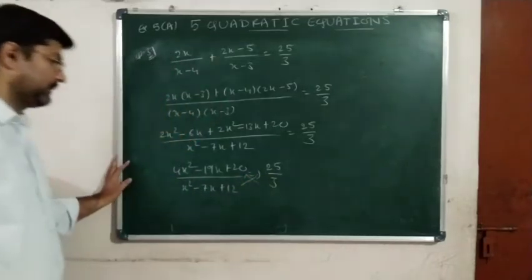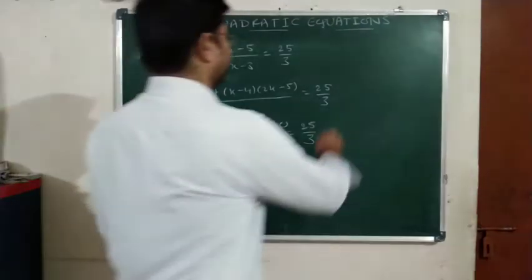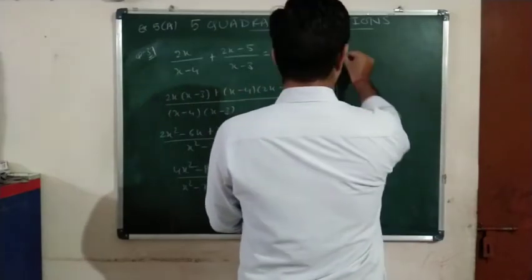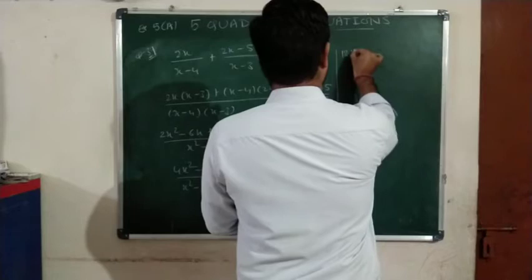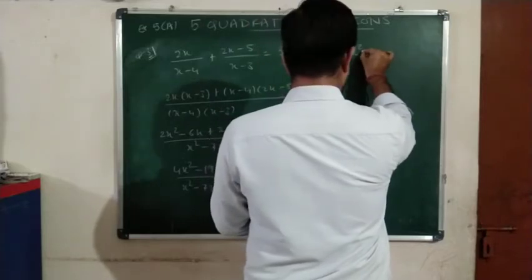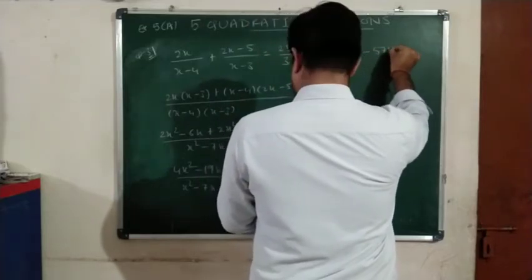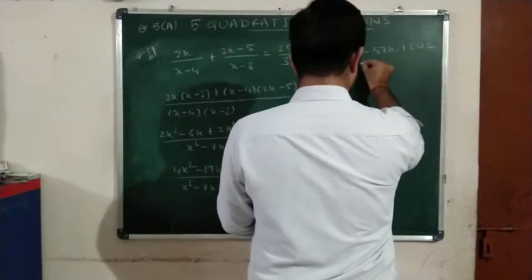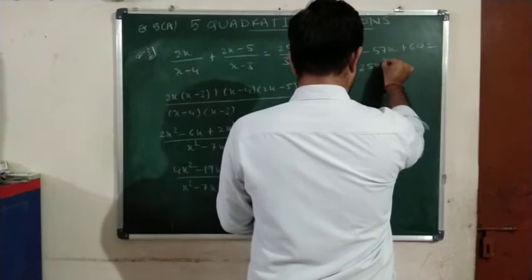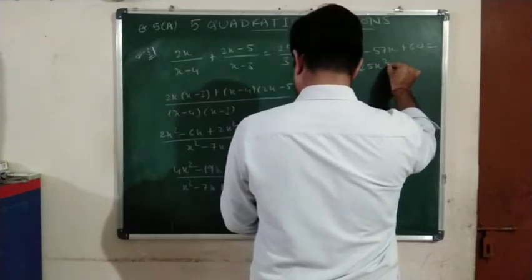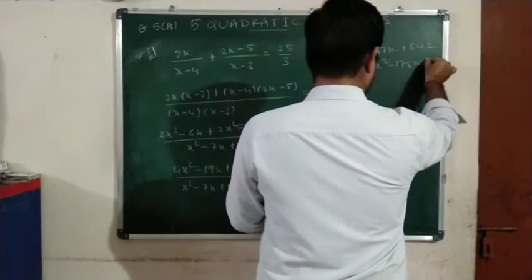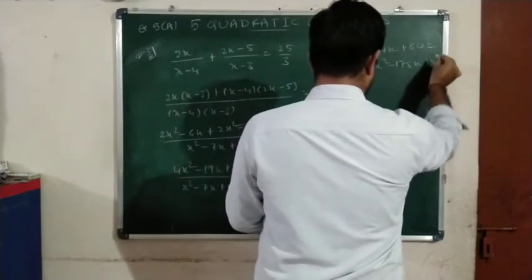Now we will cross multiply. So 12x square minus 57x plus 60 equals 25x square minus 175x plus 300.